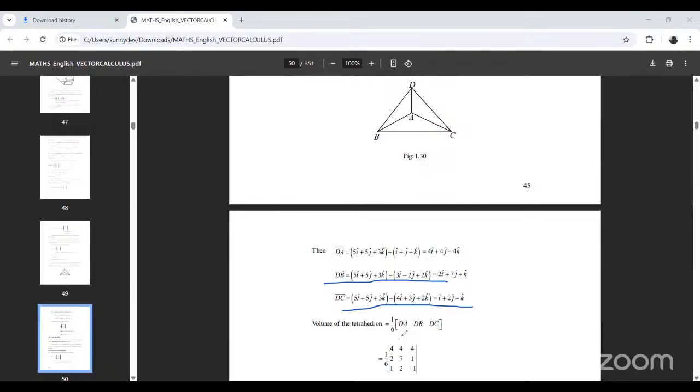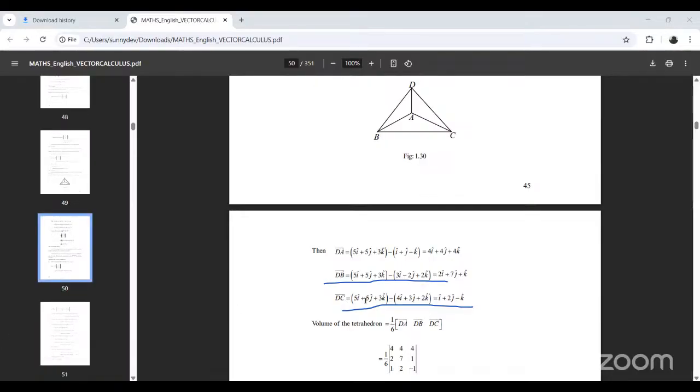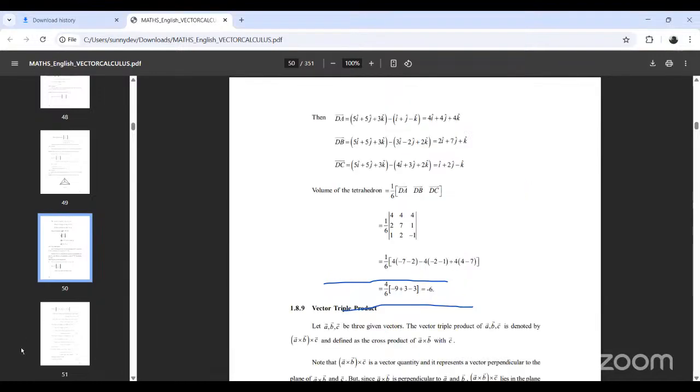So 1 by 6 into the determinant 4, 4, 4; 2, 7, 1; and 1, 2, minus 1.